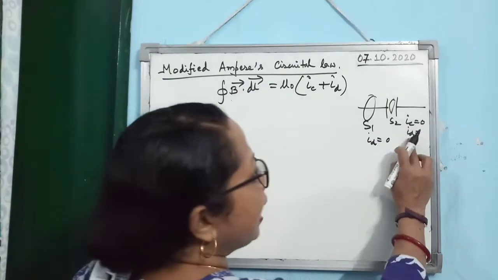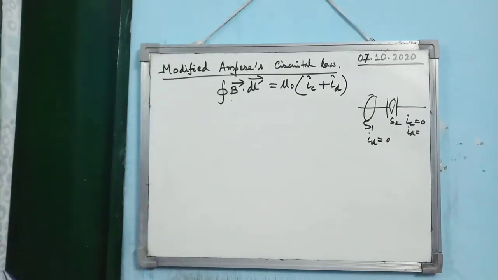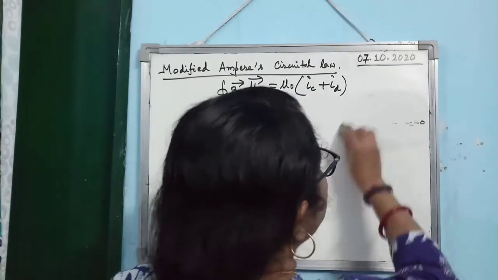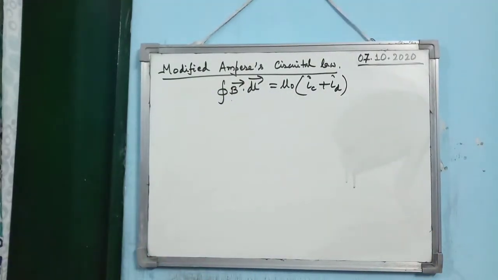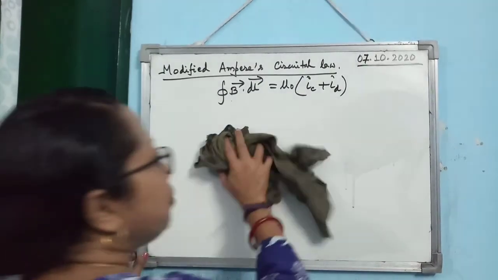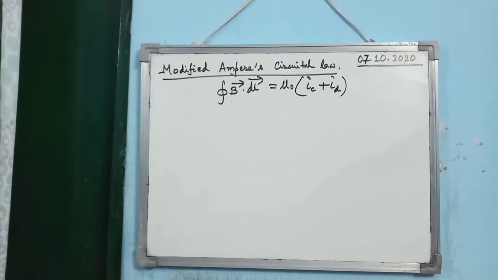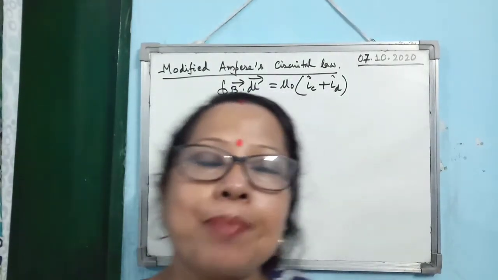So what does it mean? According to Maxwell, if you modify Ampere's Circuital law, then without any inconsistency you can apply the modified Circuital law in the case of the charging of a capacitor.